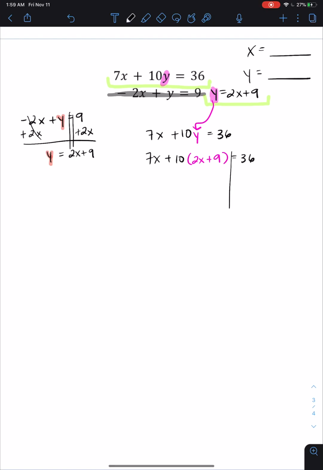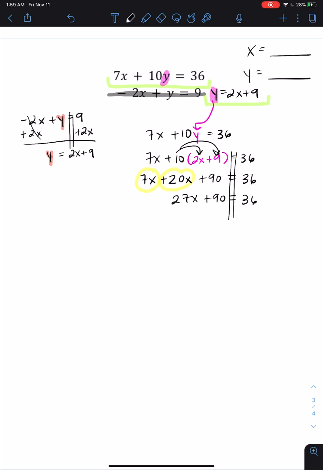I'm going to draw my wall, and we're going to simplify the left side of the equal sign. We're left with 7x, and we're going to distribute the 10 into both terms inside our parentheses. 10 times 2x leaves us with 20x. 10 times 9 is 90. That's equal to 36. Now on the left side of the equation, we're going to combine like terms. 7x and 20x leaves us with 27x plus 90 is equal to 36.